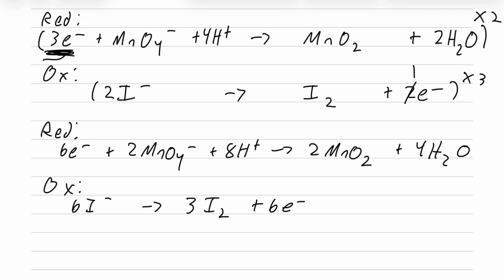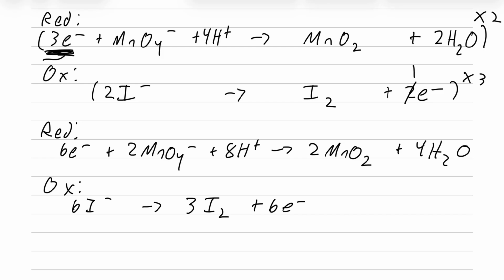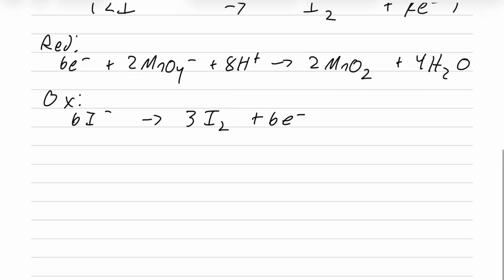Don't do that. If you have 3 and 1, just multiply the oxidation side by 1 and do nothing to the reduction half. Again, you always use the least common multiple, the smallest whole number that both numbers can go into evenly.